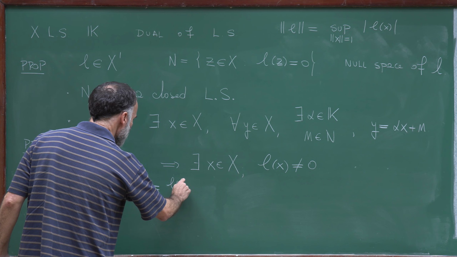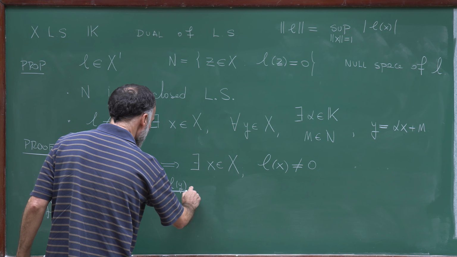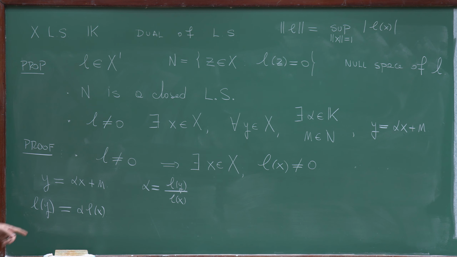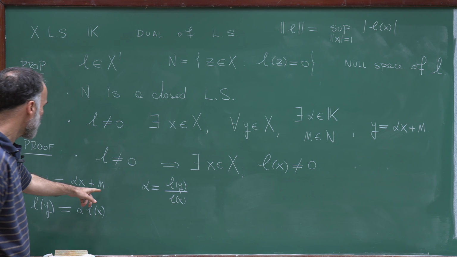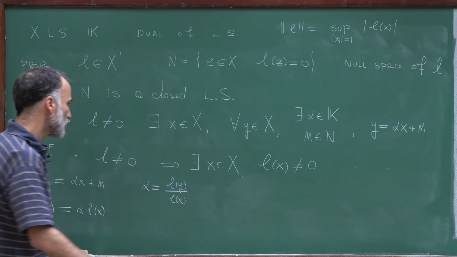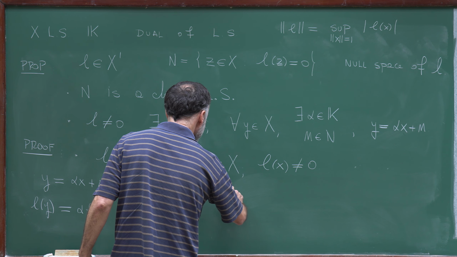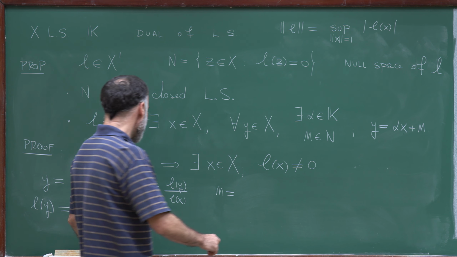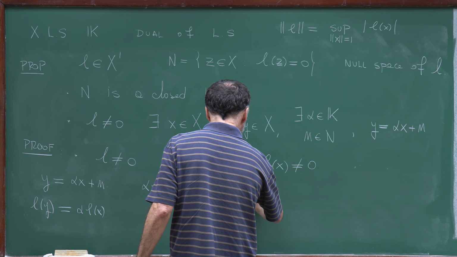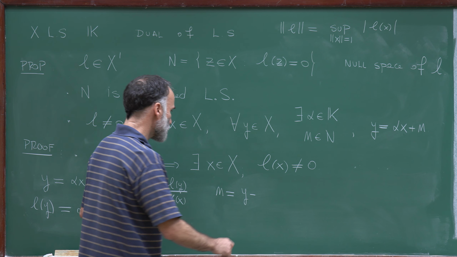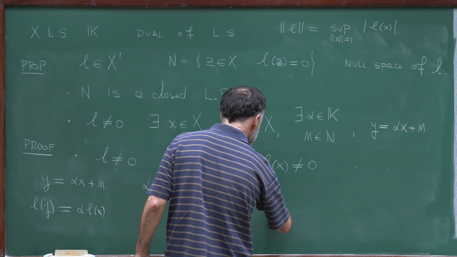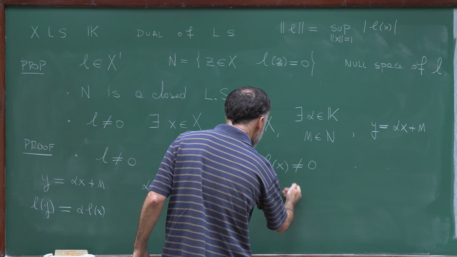So I have a candidate for alpha. Alpha is Ly divided by Lx. And therefore, I get from this identity here that n has to be equal to y minus alpha x. So n will be equal to y minus, as I just computed, L of y divided by L of x times x.